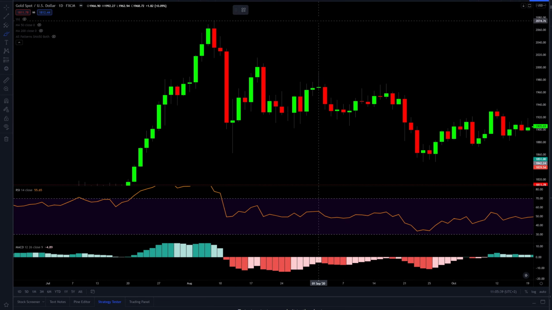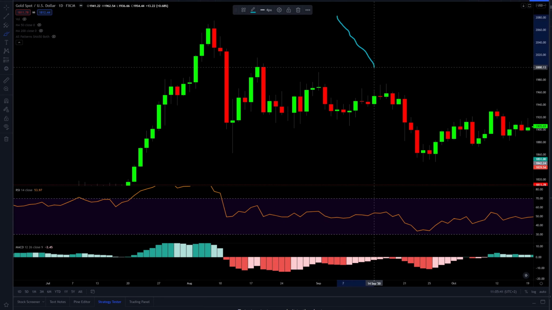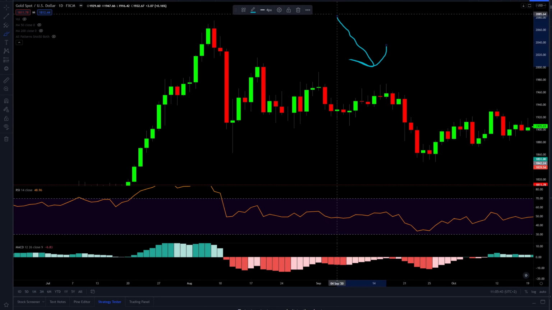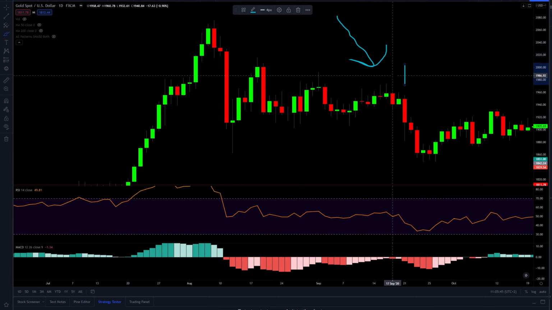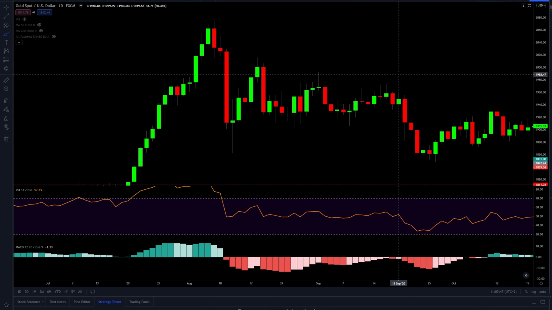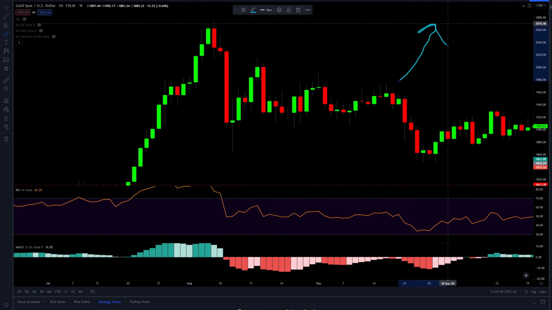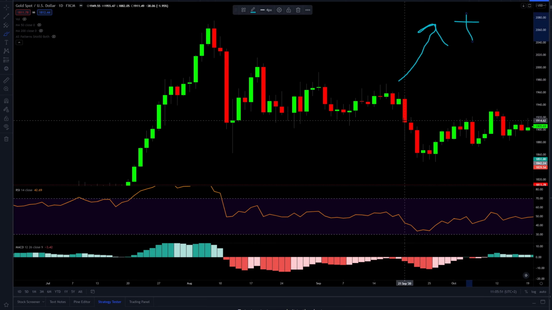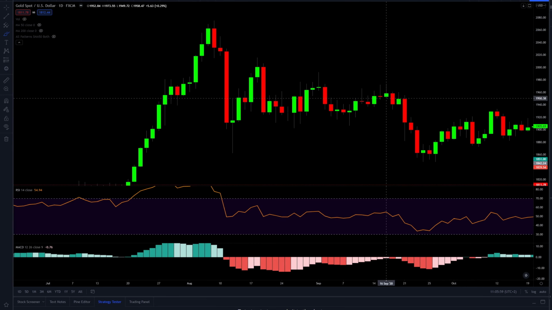A doji provides more value if it comes after a strong decline, so we have a strong decline and then a doji, or if it comes after a strong increase and then we have a doji. The doji candle is also found in many candlestick patterns, and if you have a doji in a candlestick pattern, it provides more information than if you just find a doji.